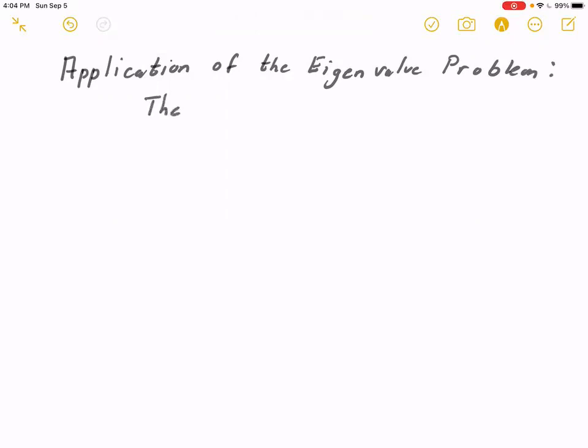And this is an example from physics, which you may or may not have seen so far in your courses, but we'll review all the relevant background material so you'll be able to understand what's going on. So this problem is known as the coupled harmonic oscillator problem.